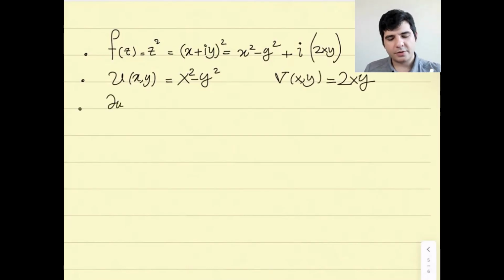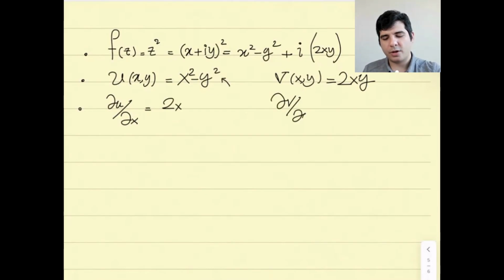What is the derivative of u with respect to x? We take the derivative of this function with respect to x. This is equal to 2x. What is the derivative of v with respect to y? Just to remind you, when I'm taking the derivative with respect to x, I assume y is a constant. When I take the derivative with respect to y, I assume x is a constant.